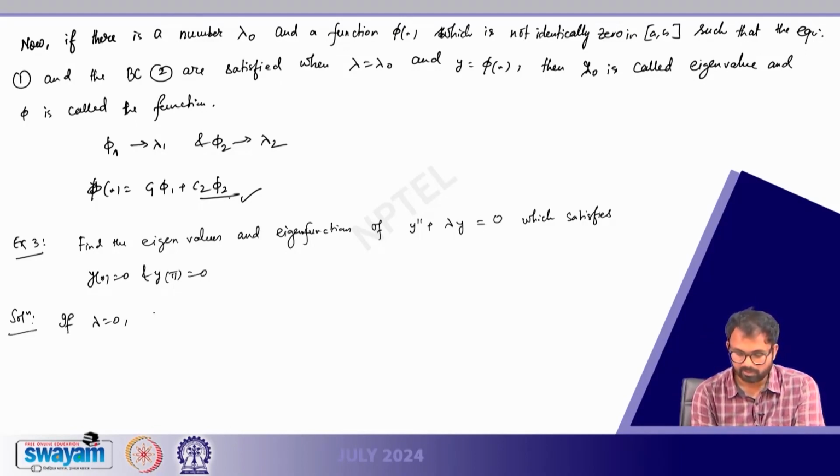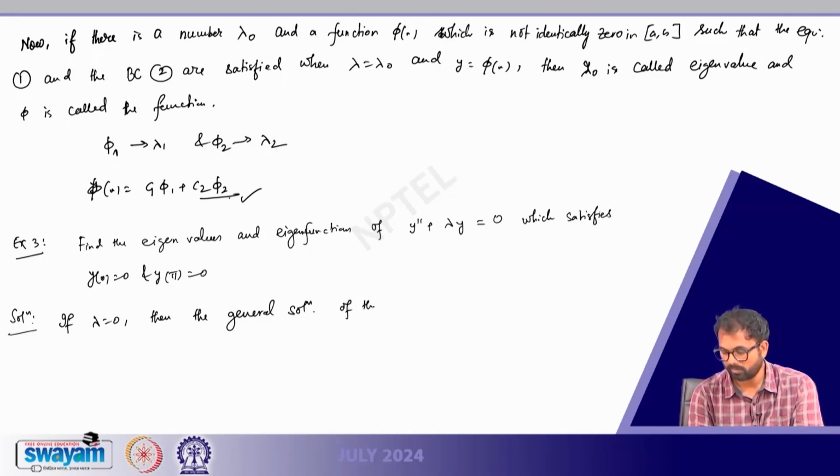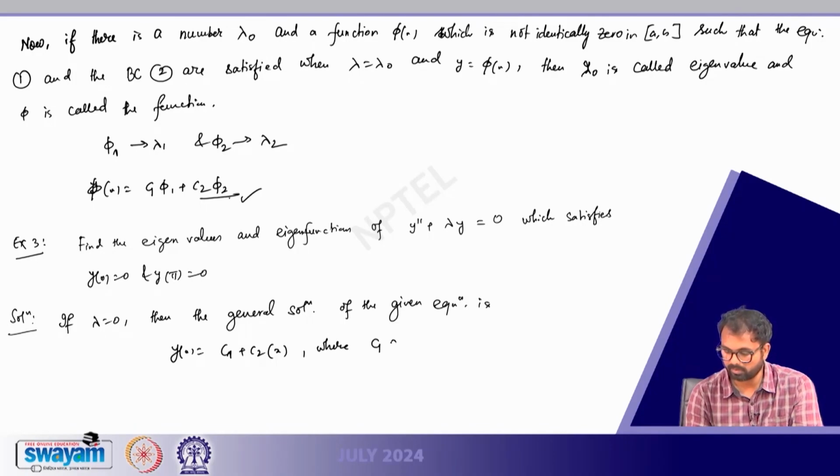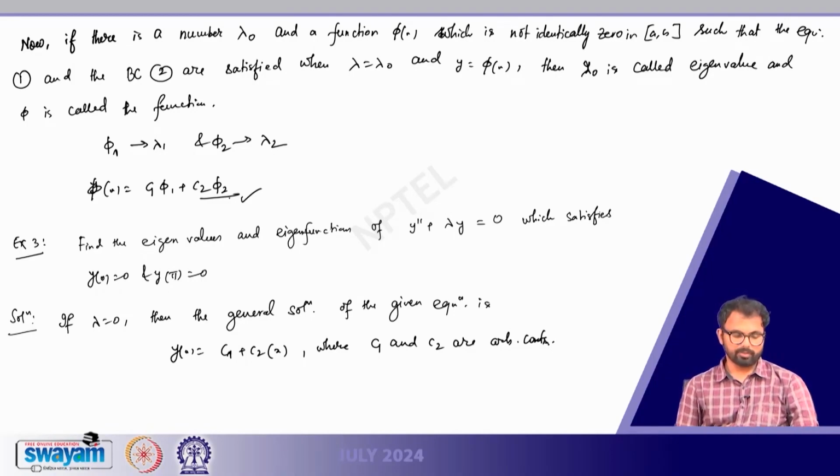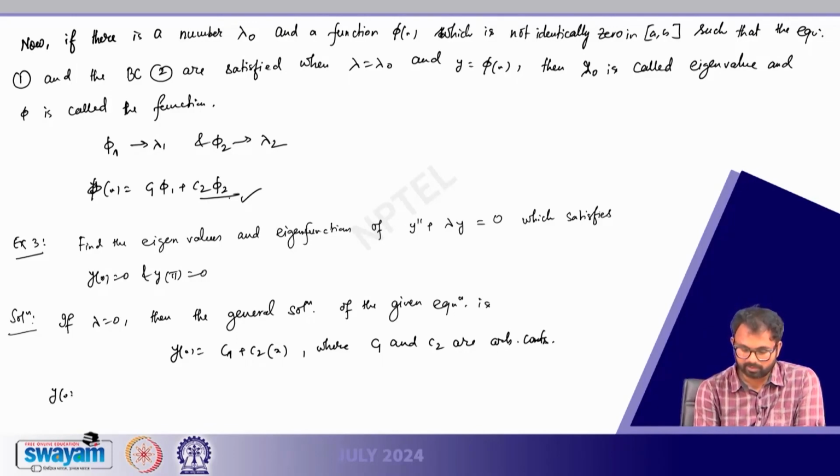So, if lambda is 0, then the general solution of the given equation is y(x) equals C1 plus C2 x, where C1 and C2 are arbitrary constants. Okay.